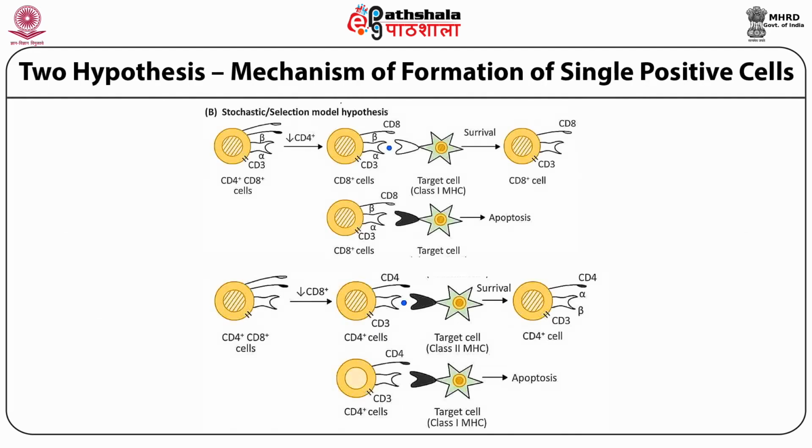In the selection model hypothesis or stochastic model hypothesis, the double positive CD4 and CD8 cell randomly downregulates one of the co-receptors.